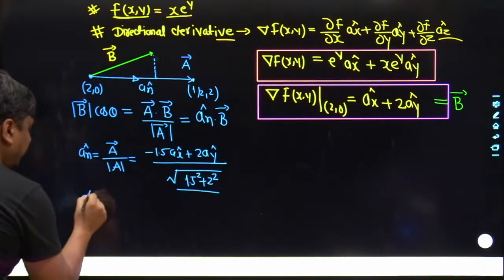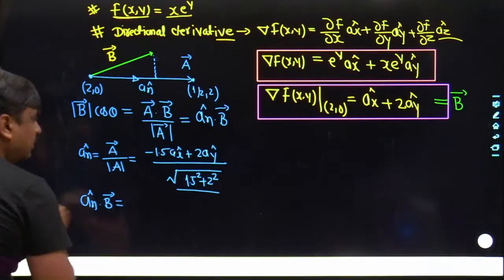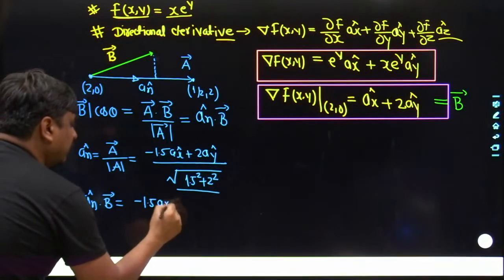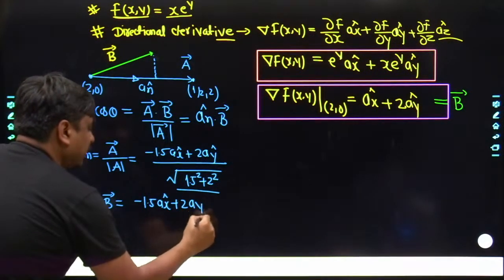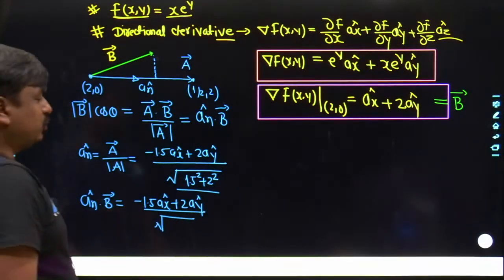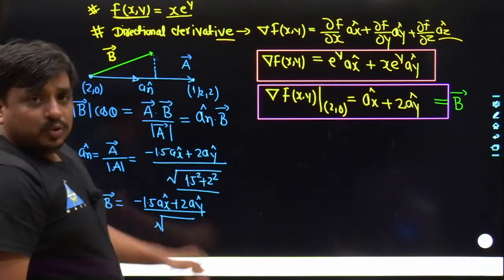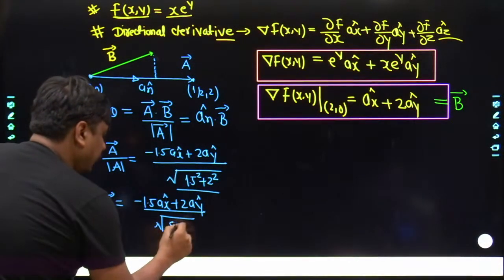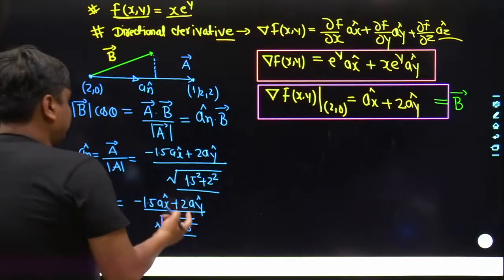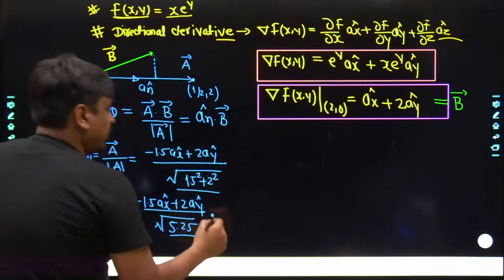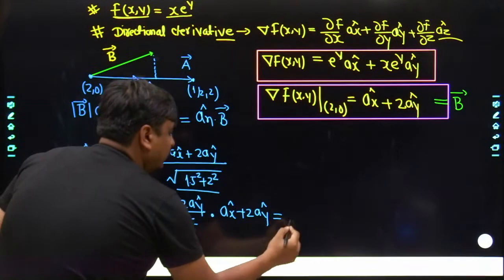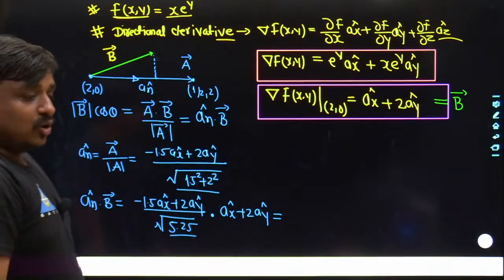Hence, a n cap dot b vector. A n cap here is minus 1.5 ax cap plus 2 times ay cap, and at the denominator you will have 1.5 to the power of 2, which is 2.25. 2 square would be 4, so it would be 5.25. Similarly it would get dot multiplied with ax cap plus 2 ay cap. How is the dot multiplication to be taken?